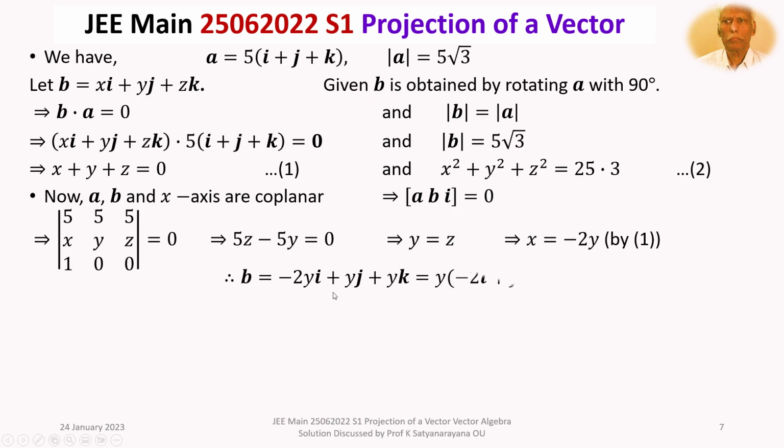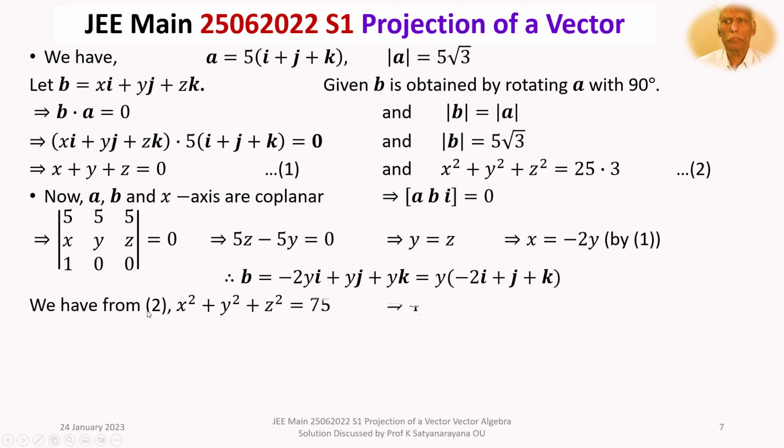Therefore our vector B is y times minus 2i + j + k.